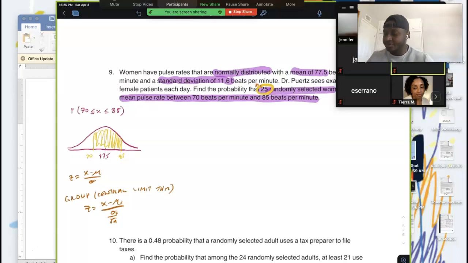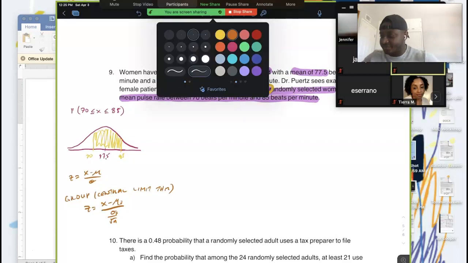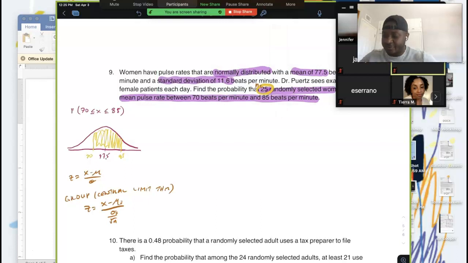All right, so now we're going to do the same thing that we did in the last problem, but because we have 25, we also need to take into account what our value for n is. So we need to standardize both values. First we're going to standardize the 70. X is equal to 70.